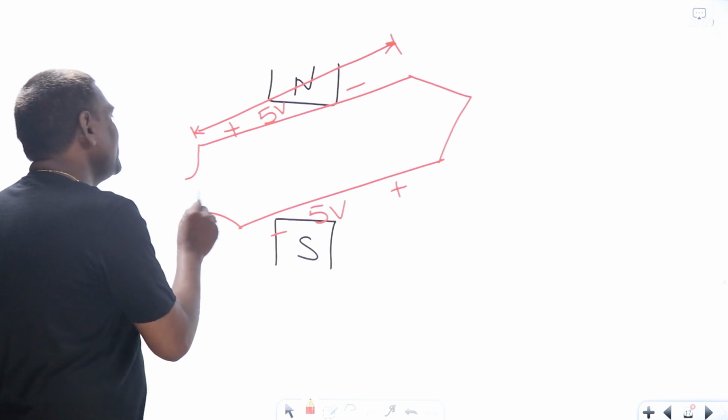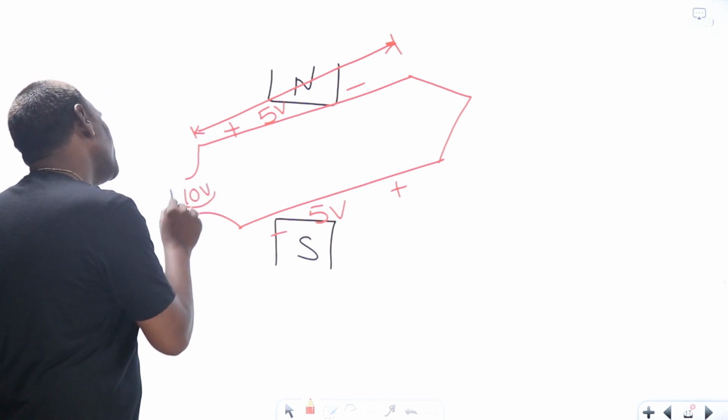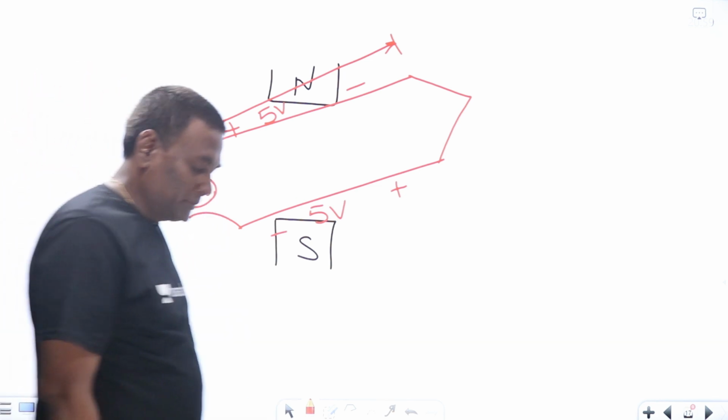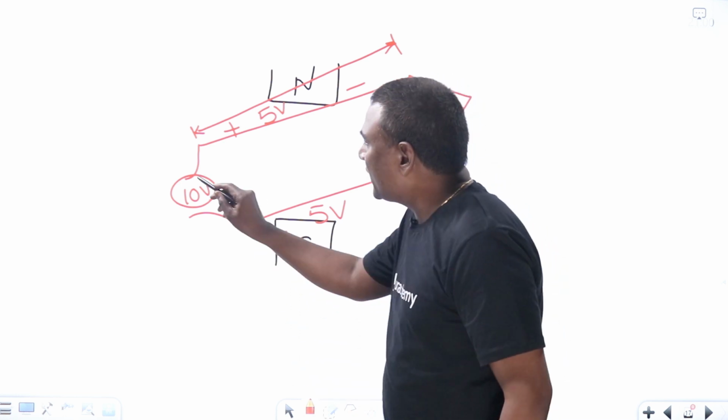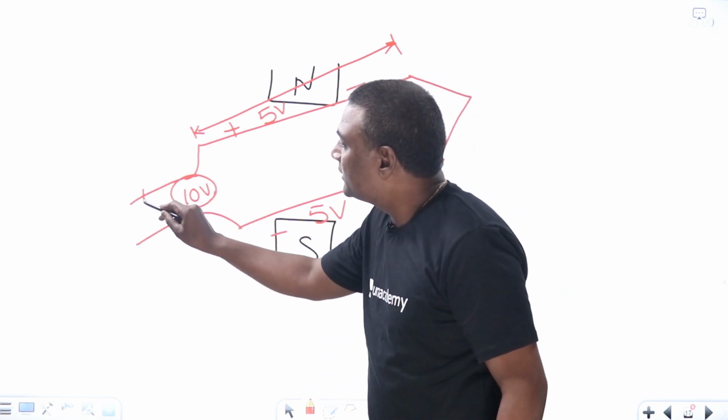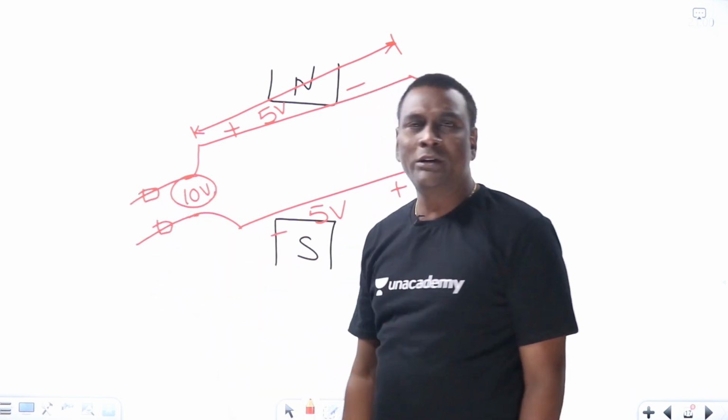How much will be the voltage here? The voltage here is going to be 10 volts. For example, if I want 600 volts from here, in order to tap this voltage, how many brushes are required? 2 brushes, yes.